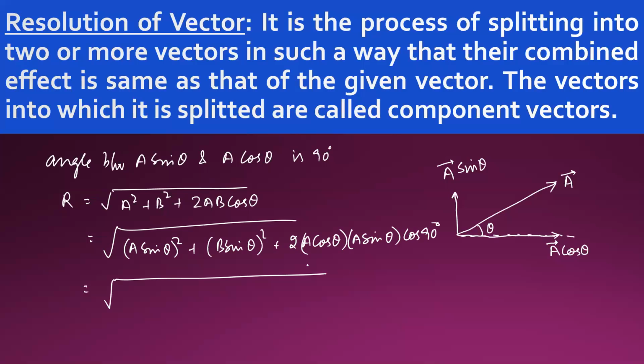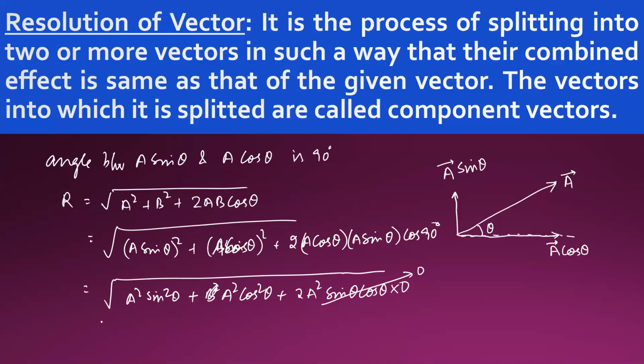So this will be equal to A square sin square theta plus A square cos square theta plus 2 A square sin theta cos theta times cos 90, and the value of cos 90 is 0.